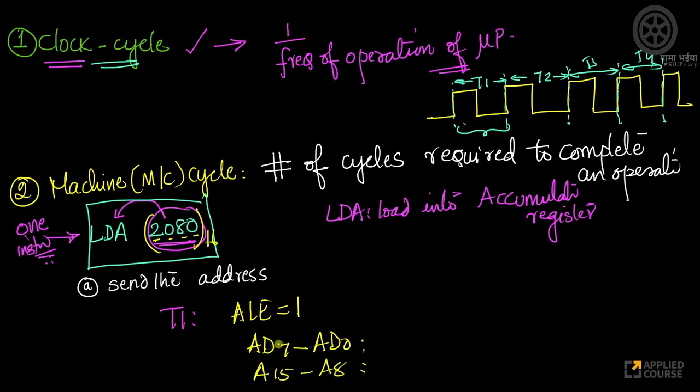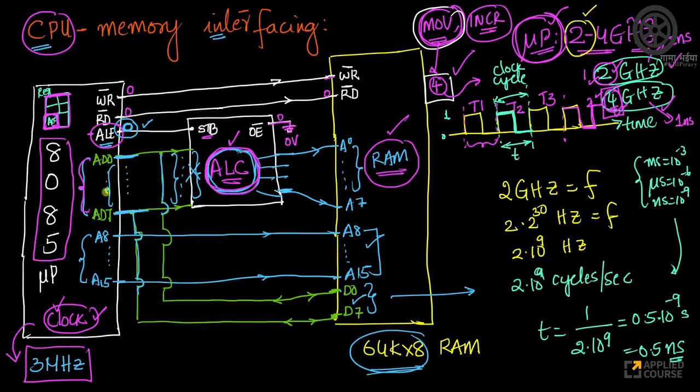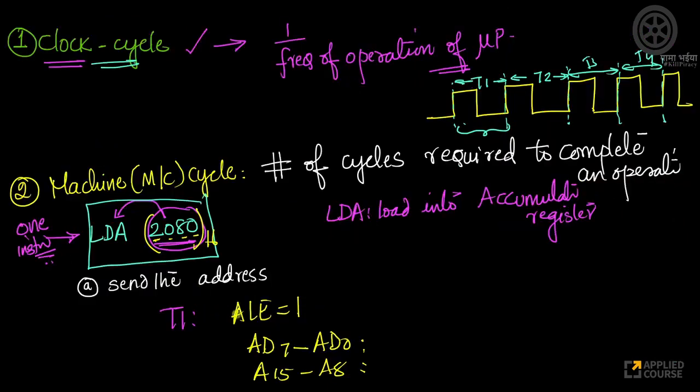Remember, in our 8085 architecture these are time multiplexed. I've set my ALE to 1, which means they'll be interpreted as address pins now. I need to send the lower values here, so 80 in hexadecimal will be sent here, and 20 will be sent in hexadecimal here. I'll convert this into binary.